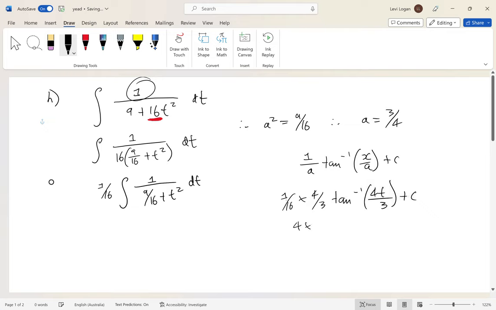We're going to do some cross multiplying. 16 is 4 squared. So I'm just going to change that to 1 over 4 squared times 4 over 3. Cancel that. And so it's just going to be 1 over 4 times 3 equals 1 over 12. So the answer to this integral is 1 over 12 tan inverse of 4t over 3 plus c.